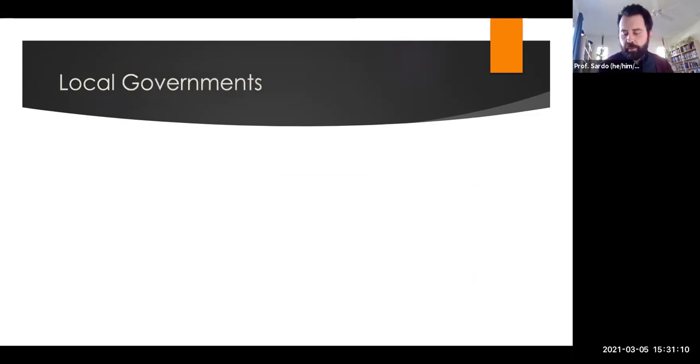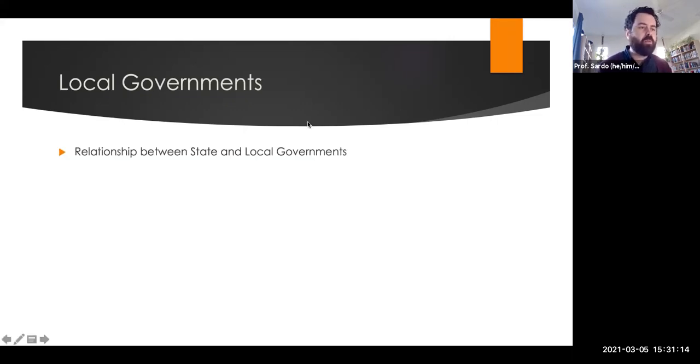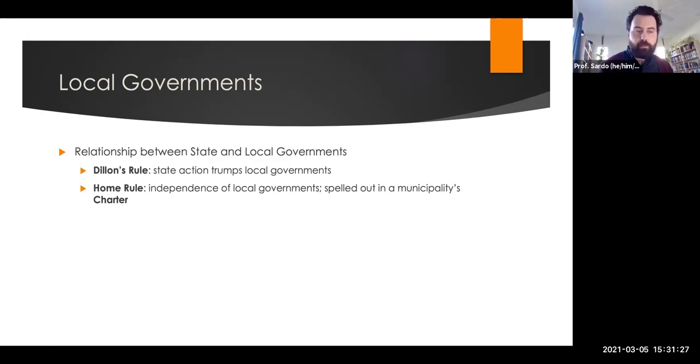When we look to local governments, we can think about the relationship between state and local governments. In general, state actions trump local governments. They have supremacy in the same way that the federal government has supremacy over state rules. This is known as Dillon's rule. But at the same time, the doctrine of home rule adds independence to local municipalities to make policy and pass taxes.